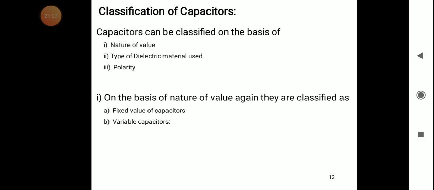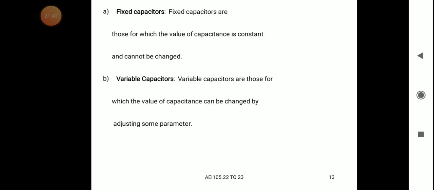Depending on that, there are two types of capacitors. The first is the fixed capacitor, and the second is the variable capacitor.